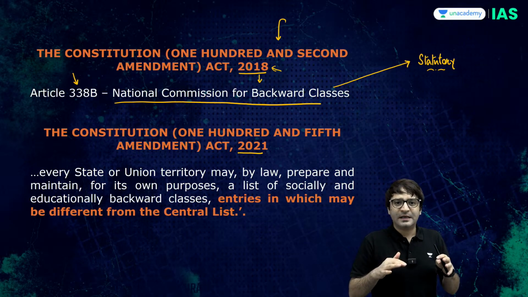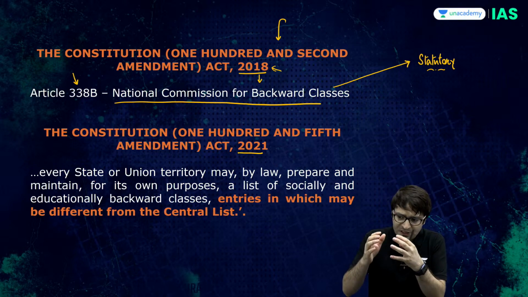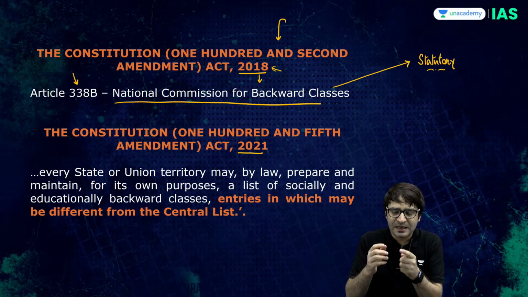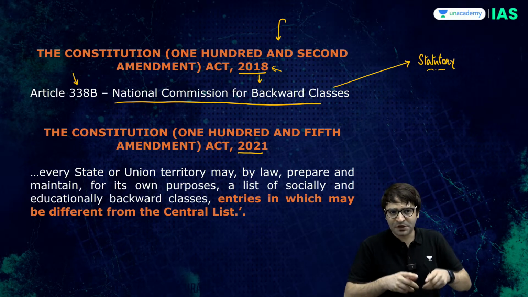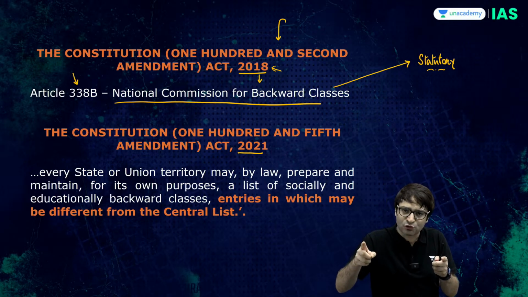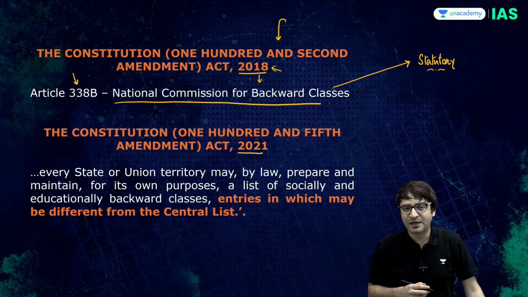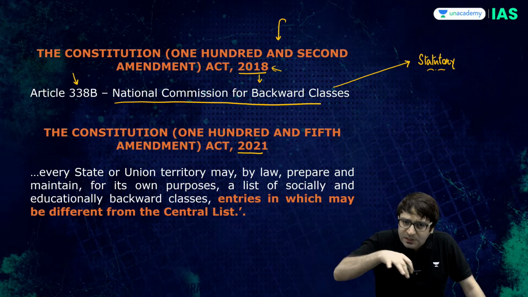The Supreme Court thought that now if we have the National Commission for Backward Classes, which means we will have a list of socially and educationally backward classes of citizens, this list should be common for all the states as well as the center. That means we should have one common list at the center, which means states and union territories will not have their own list of socially and educationally backward classes of citizens.